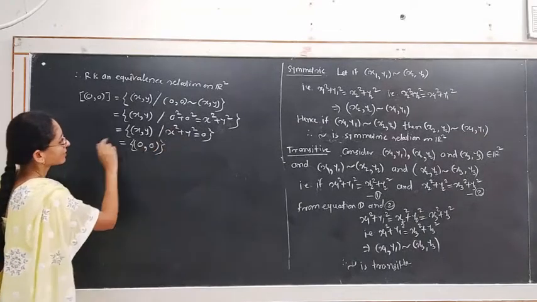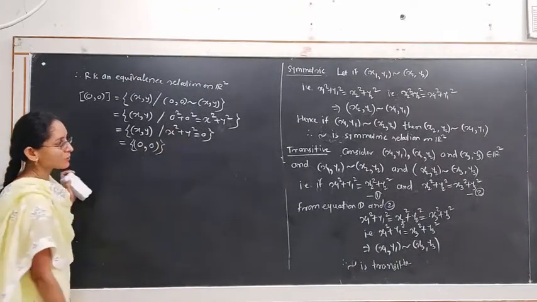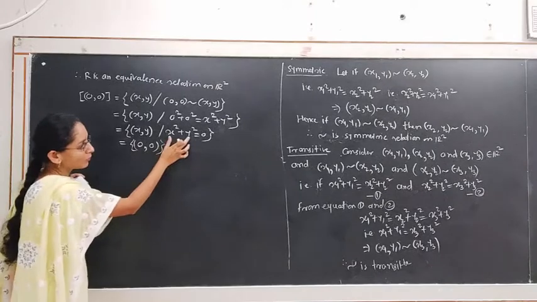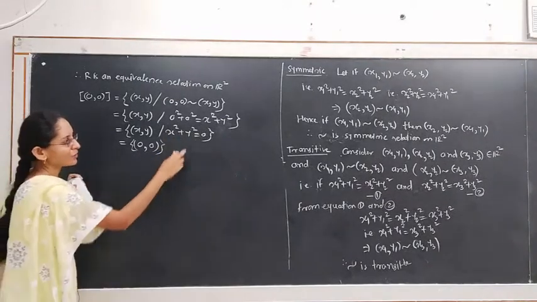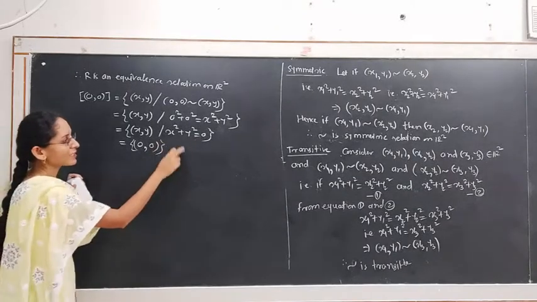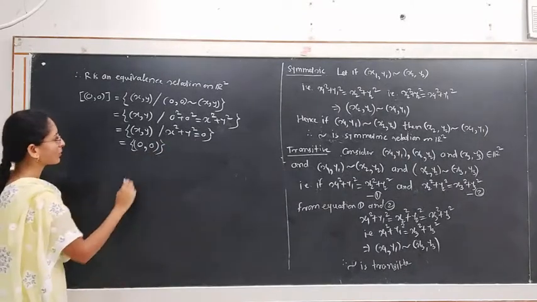From that we get x square plus y square equal to 0. This is the sum of squares of two real numbers equal to 0, hence each number should be equal to 0. Hence x square is 0, y square is 0, and from that x and y both are 0.